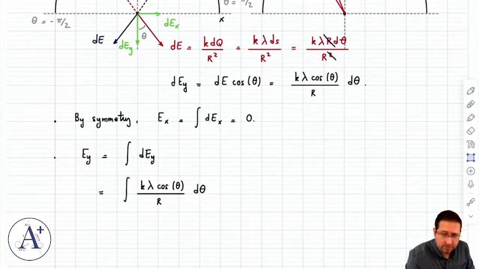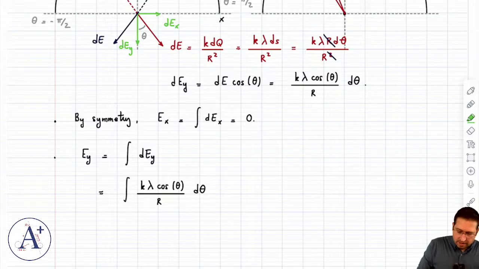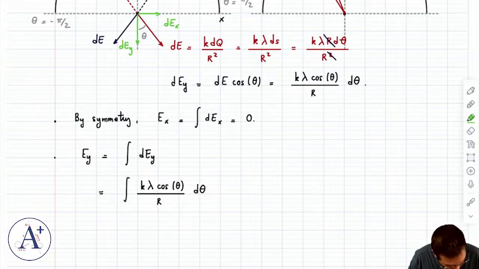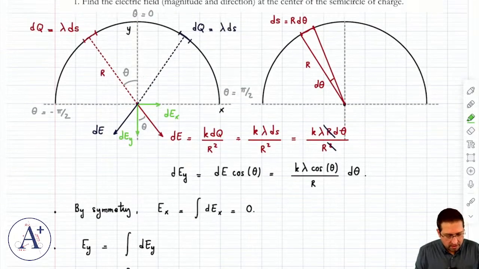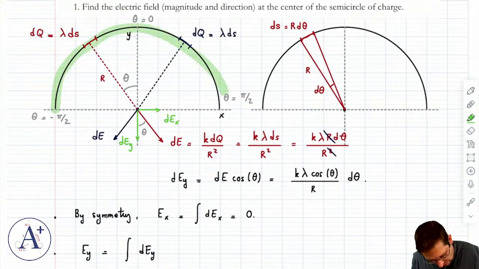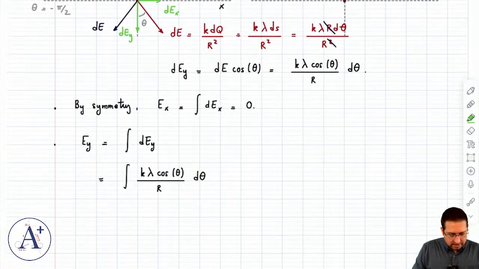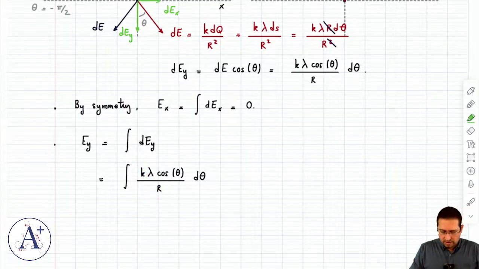Okay, now at this point I have to really quickly check that my integral is in terms of one parameter or one variable, because I only know how to integrate over one variable. Okay, now theta d theta, that's good. D theta means I integrate with respect to theta. Cosine theta is in terms of theta. Obviously theta changes as I go around the semicircle. And then everything else is a constant, so it's not a function of theta or something else, right?